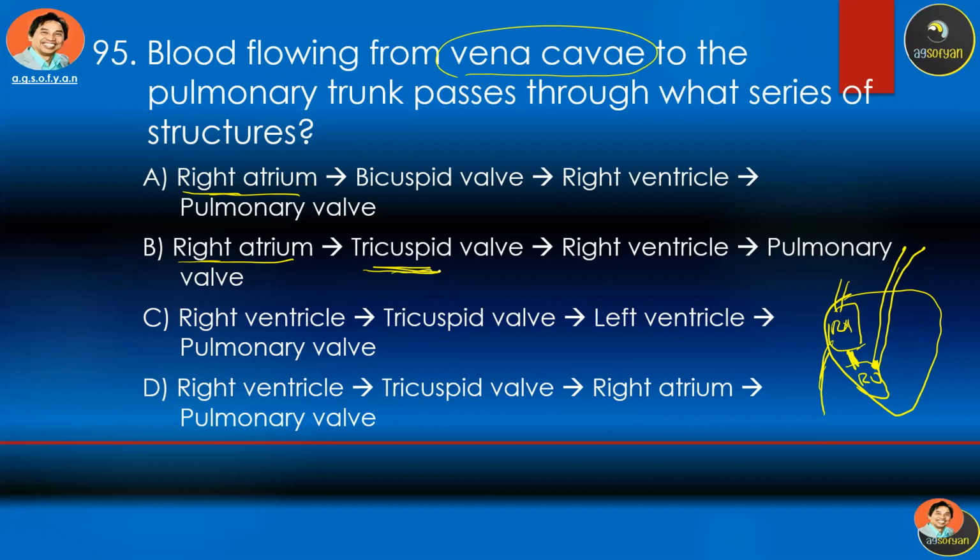So passing right atrium, tricuspid valve, right ventricle, pulmonary valve, and then pulmonary trunk. That should be the answer.